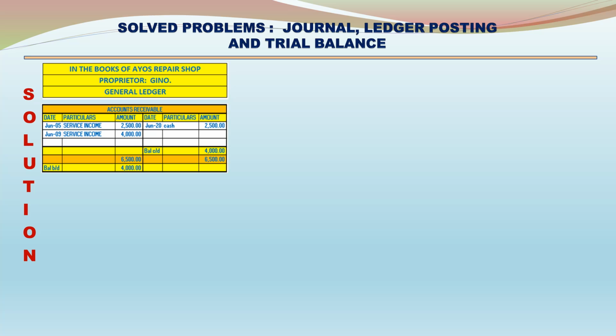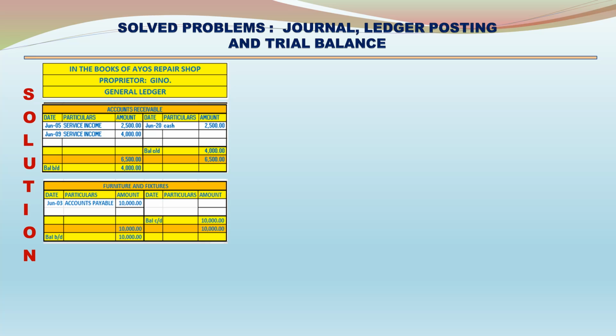In the books of Ayos Repair Shop, proprietor Gino, general ledger. Accounts Receivable. On the debit side: June 5 Service Income 2,500, June 9 Service Income 4,000. On the credit side: June 20 Cash 2,500. Net balance brought down 4,000 debit. Furniture and Fixtures account, on the debit side: June 3 Accounts Payable 10,000.